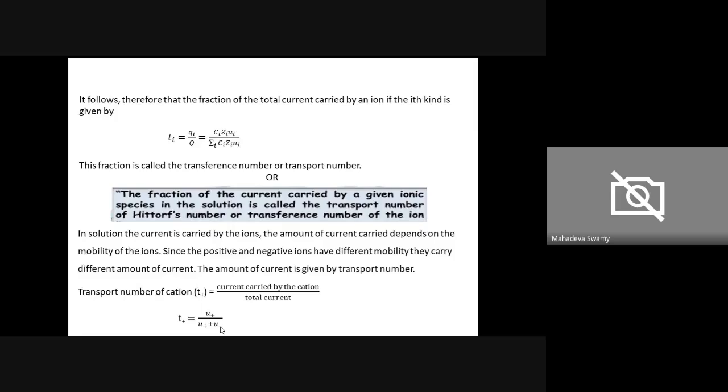Total current is nothing but the sum of the positive and the negative currents. Similarly, the transport number of the anion, T minus, is equal to the current carried by the anion divided by the total current.